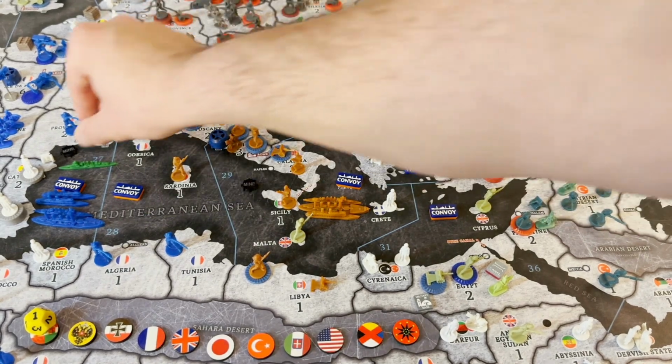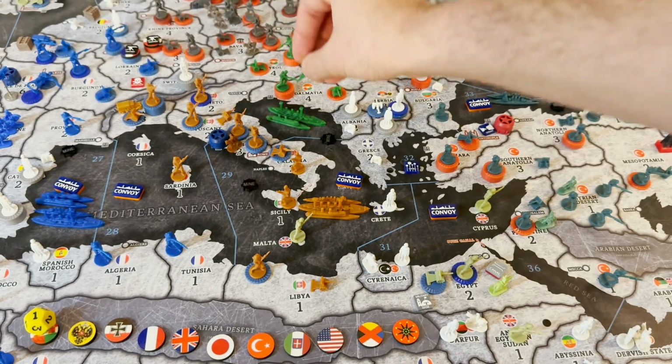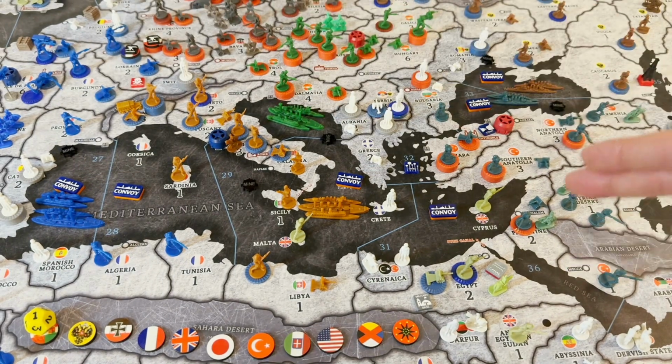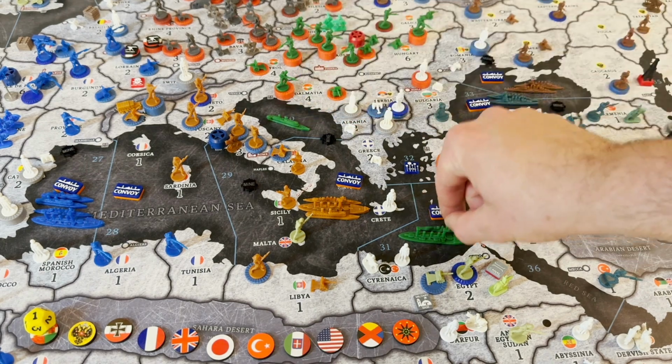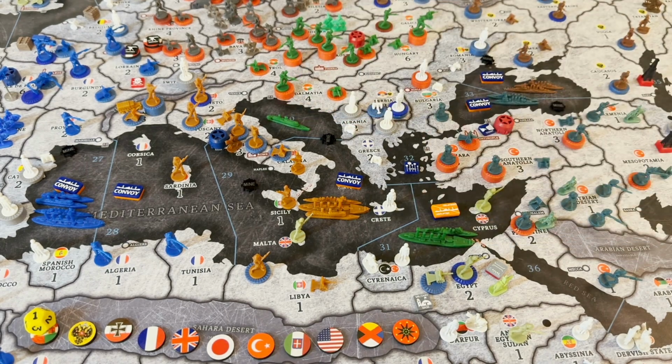Here, I'll just move these guys back now. If they declared war against the British Empire, they would be able to come down here and start convoying Britain. They would be able to do that if they verbally declared war against Britain, right?